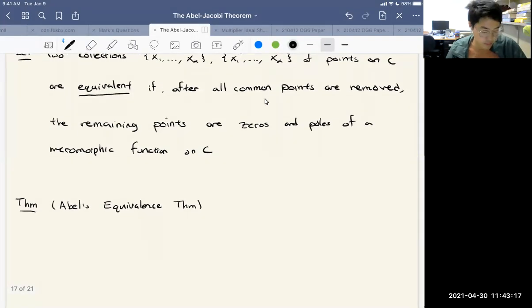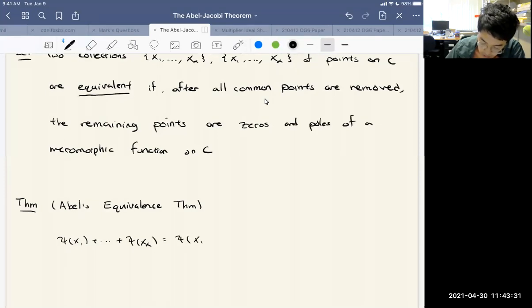But the theorem that Abel proved is Abel's equivalence theorem, which says that the sum psi of x1 plus ... psi of x alpha is equal to psi of x1 prime plus ... psi of x alpha prime, if and only if these collections are equivalent.